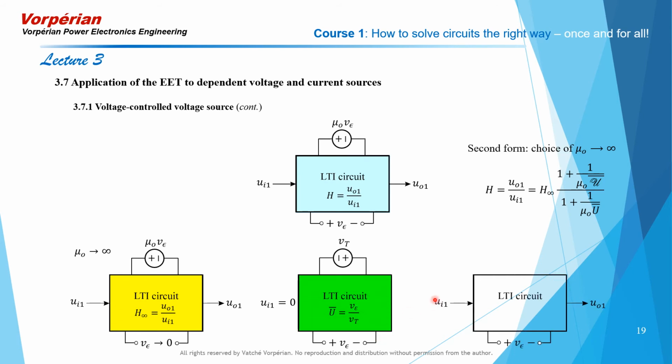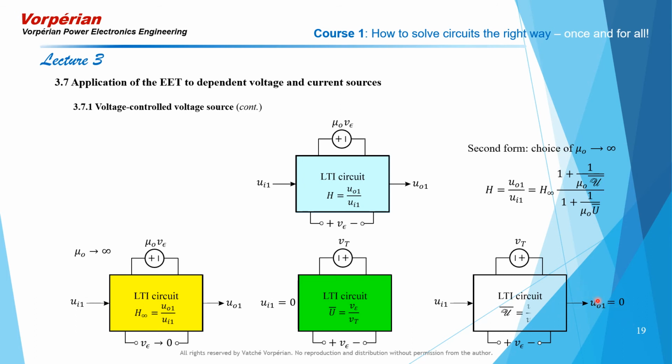And finally, we compute the null inverse gain. Here, just like in this case, we replace the dependent voltage source with an independent voltage source pointing in the opposite direction. And Vt, together with the input of this transfer function, we null the response.